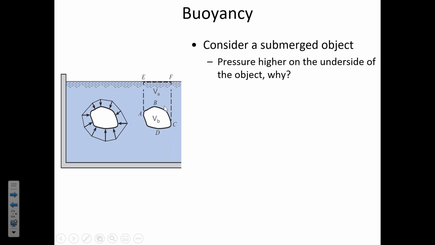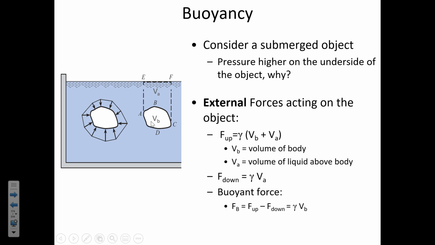So we have some submerged object, and what we could do was say what's the volume of the water above the object and what's the volume of the object itself, and then find the difference between them.